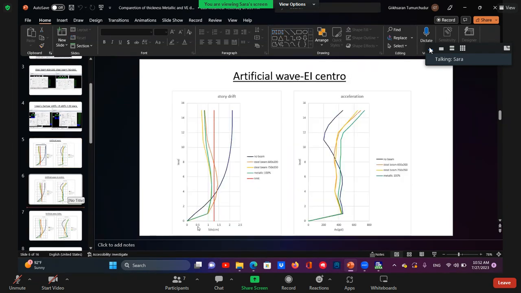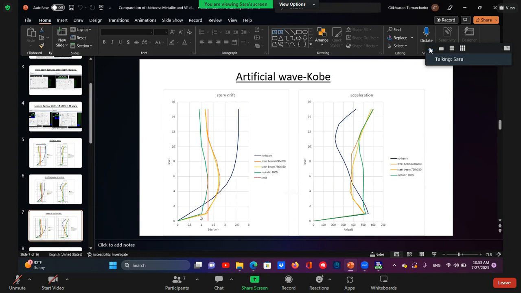And under the central wave, metallic 100 and this 750 is a better one. So I chose the steel beam 750 and 350. Under the copy earthquake, steel beam 750 is not good, but metallic 100 is good.